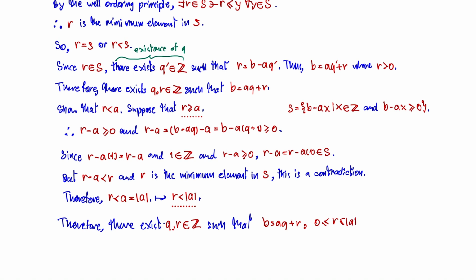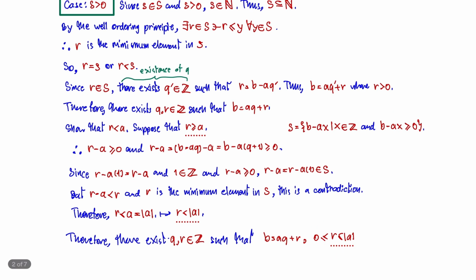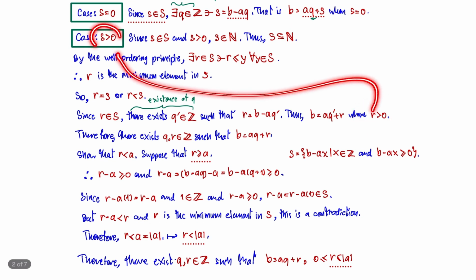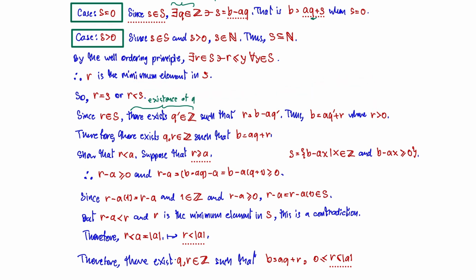Okay, how come we can have R greater than or equal to 0? Because right here R is greater than 0, in the case where S is greater than 0. And in the case where S equals 0, R is 0. So from these two cases, R is in the position of remainder.